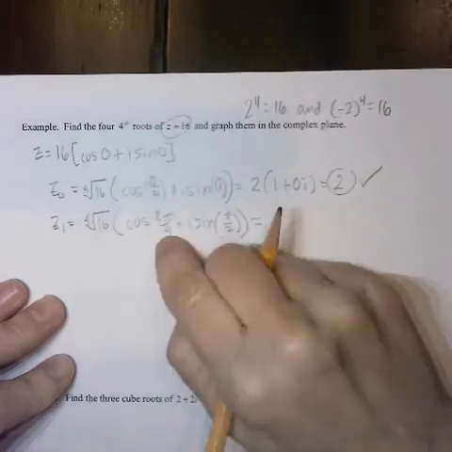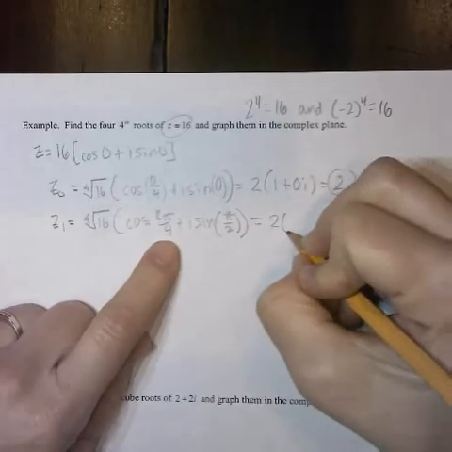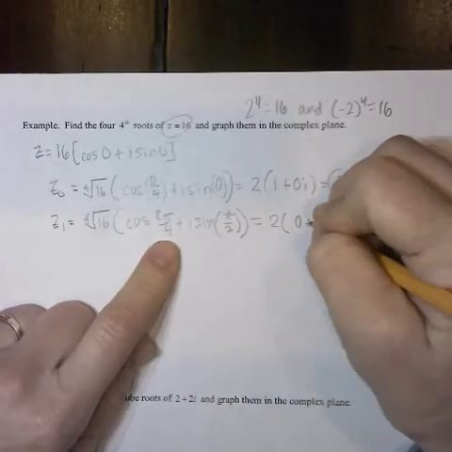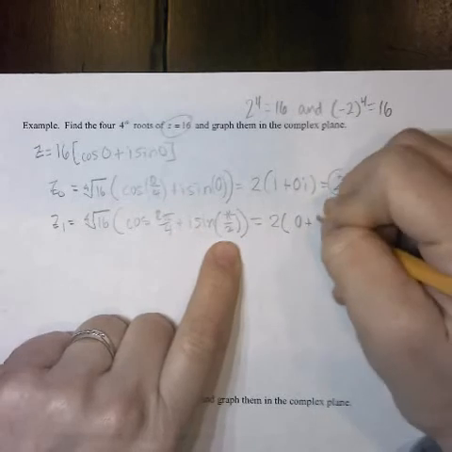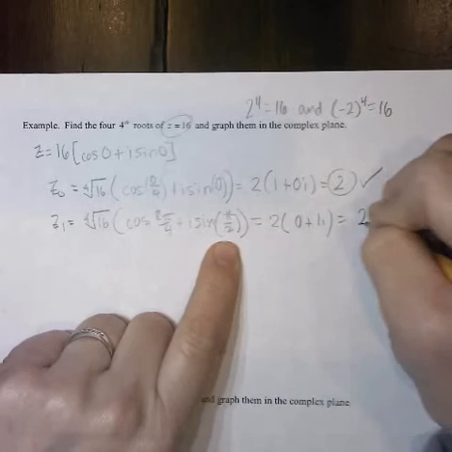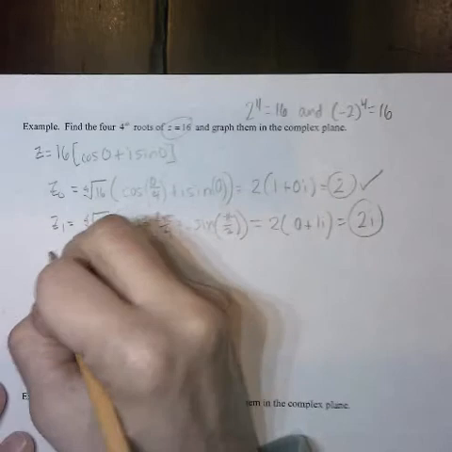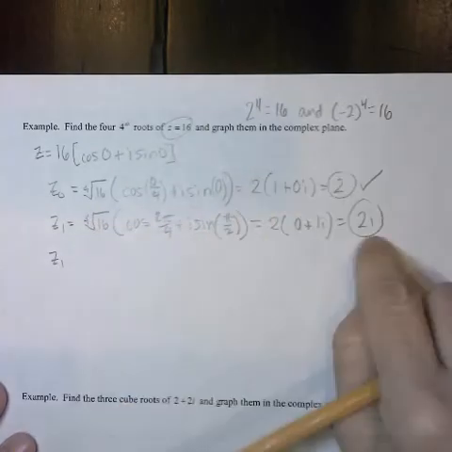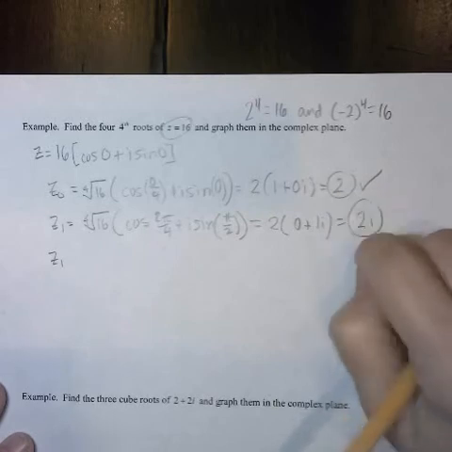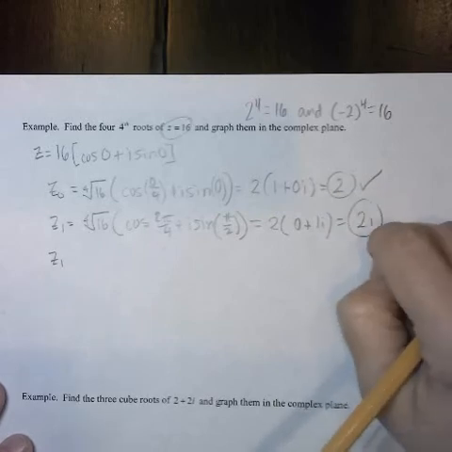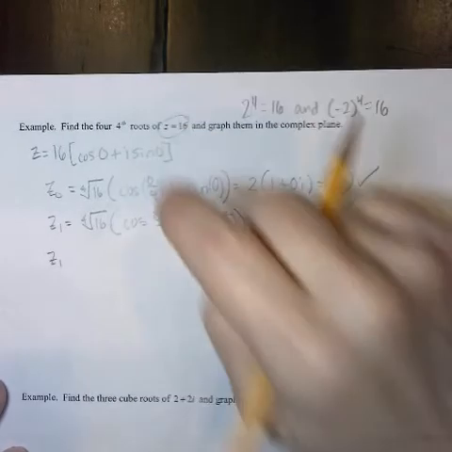And evaluate these, so we get 2 times cosine of pi over 2 is 0, plus i times the sine of pi over 2 is 1, so we get 1i, so our second root is 2i. And of course we could leave these in polar form, but we want to see them in rectangular form because that's easier to compare when our given number was in rectangular form.